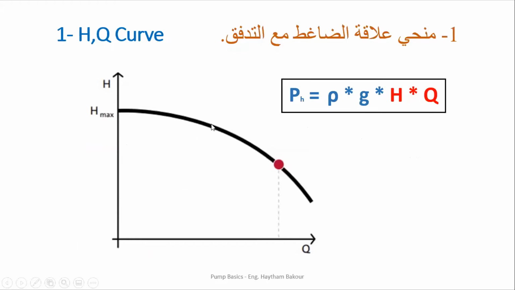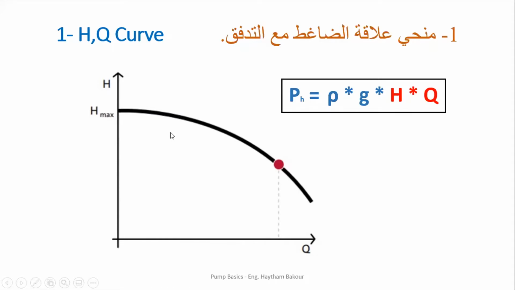The first curve is the HQ curve, and this curve is very important. It represents the relation between the flow rate and the head.